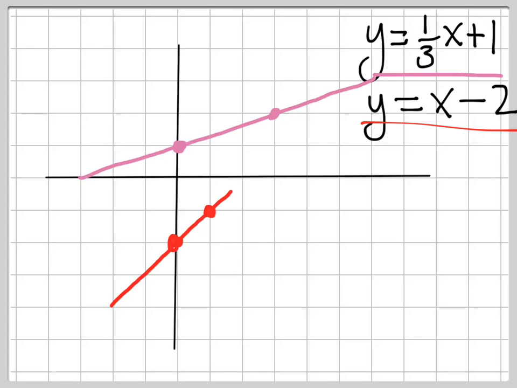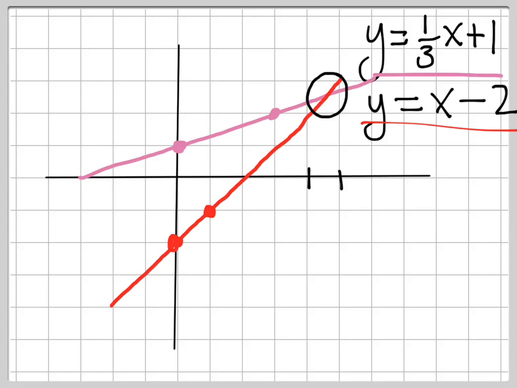And as I connect these, uh-oh, where did they hit? They didn't quite hit all the way over at 5. They didn't quite hit all the way over at 4. They hit somewhere in between.